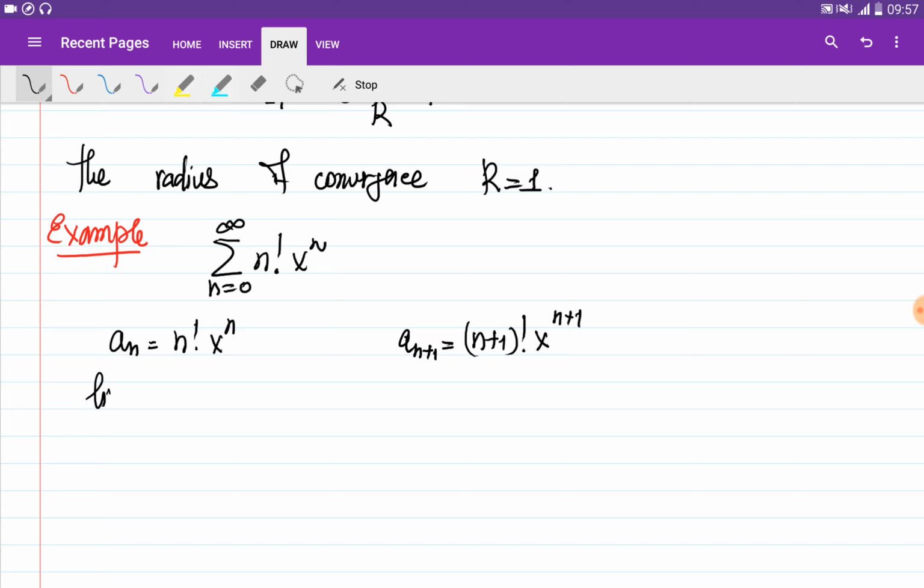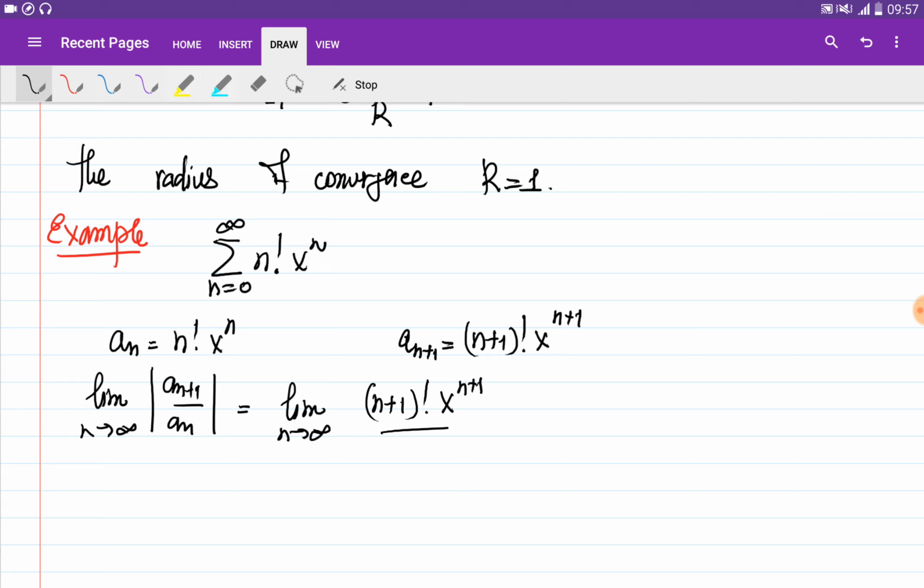And we need to find the limit of the ratio of the n plus first term to the nth term when n goes to infinity. So basically, I can write this down as the limit as n goes to infinity of (n plus 1) factorial multiplied by x to the n plus 1, divided by n factorial times x to the power of n. So I can cancel the terms.